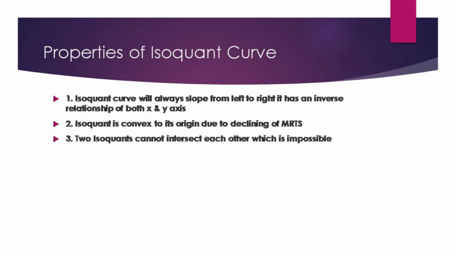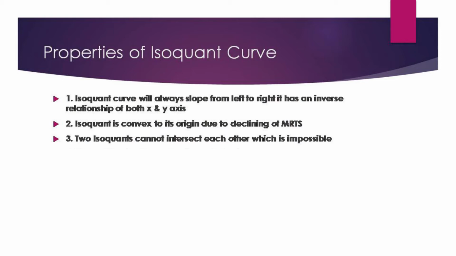The third property: two isoquants cannot intersect each other, which is impossible. Two isoquant curves cannot touch each other. No two combinations can give you the same level of satisfaction.